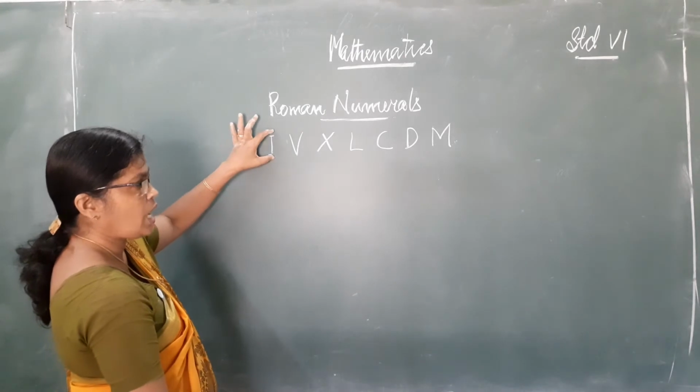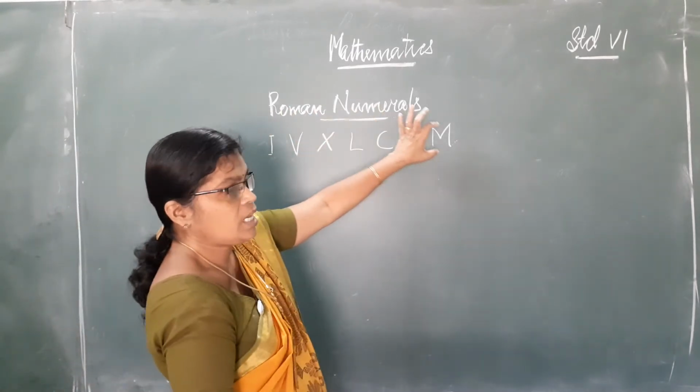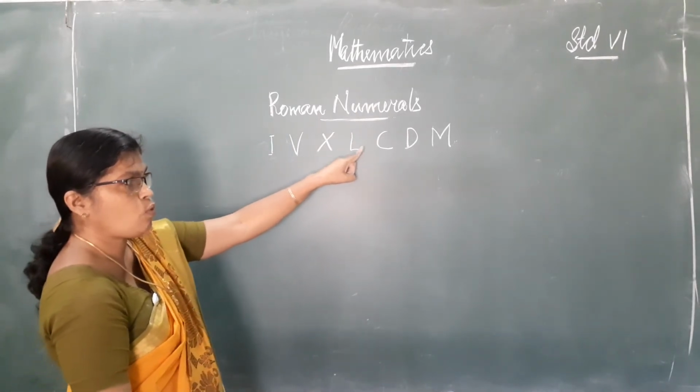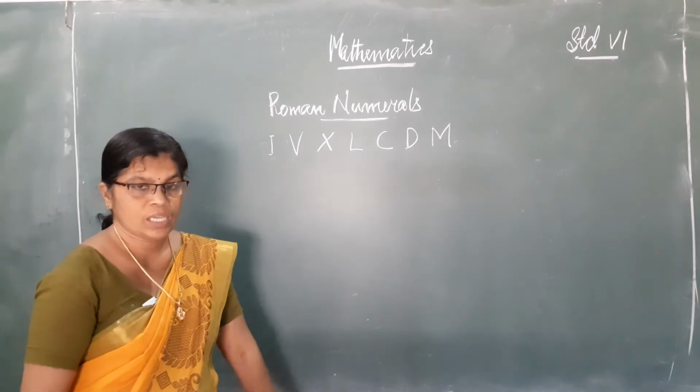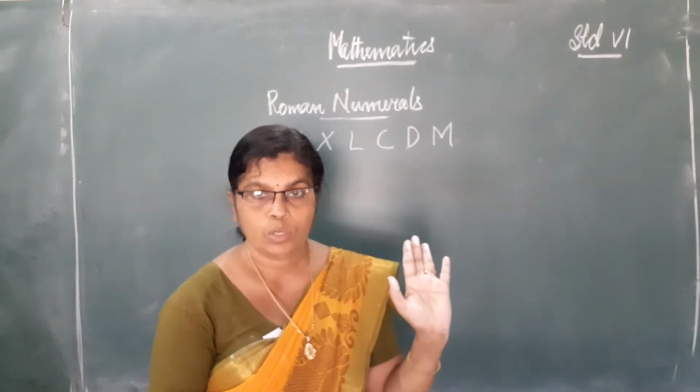How many symbols are there? 1, 2, 3, 4, 5, 6, 7. Using these 7 symbols, we can write all the Roman numerals.